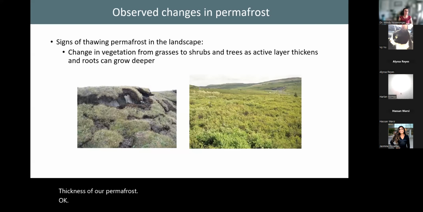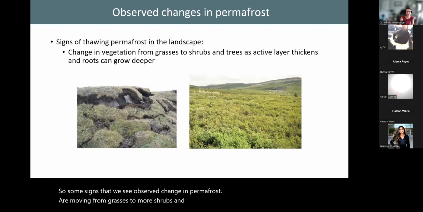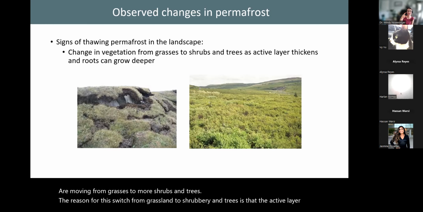Some signs that we see observed change in permafrost are moving from grasses to more shrubs and trees. The reason for this switch from grassland to shrubbery and trees is that the active layer is thickening.